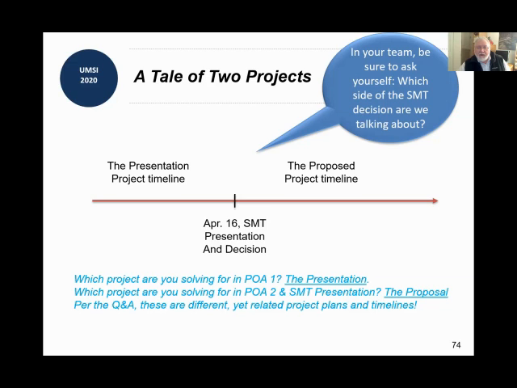And so the two timelines: there's a project timeline to get you to the presentation in POA 1, and a timeline to get you the project implementation, which is in POA 2. If there are any questions or issues with these, please drop me a note.